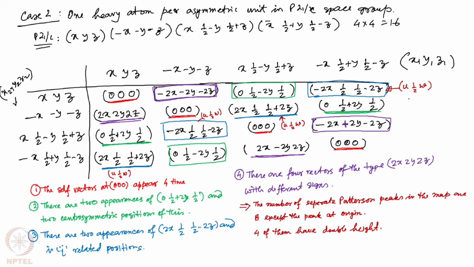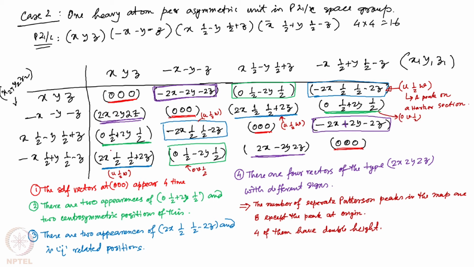These u half w set of peaks represent a peak on a Harker section, and the peak of type 0 v half, something like that, here it is 0 v half, and so on.